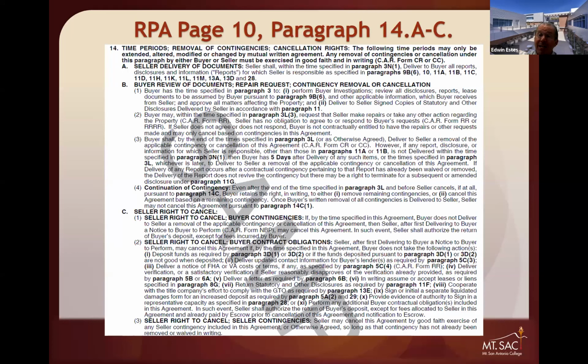As a result of their inspections, they may decide that they want the sellers to make some repairs. So they can give that request for repairs to the seller. The seller can agree, disagree, ignore, or not respond.